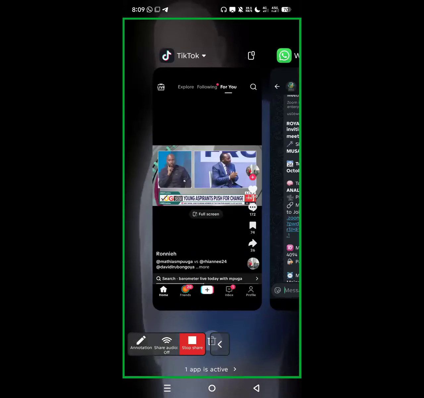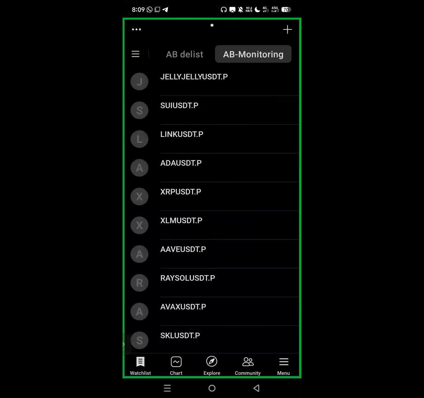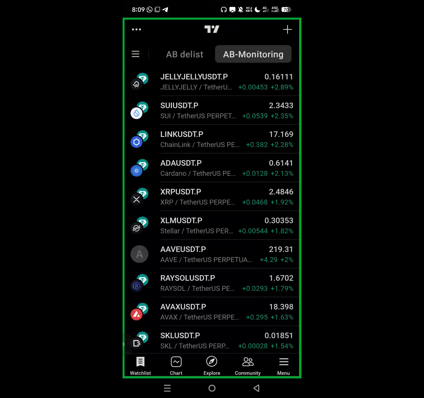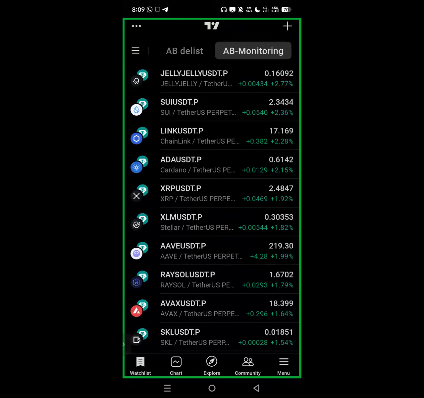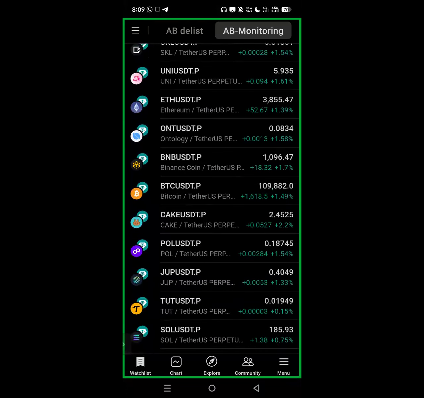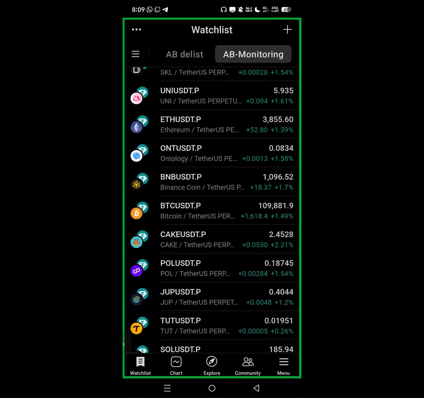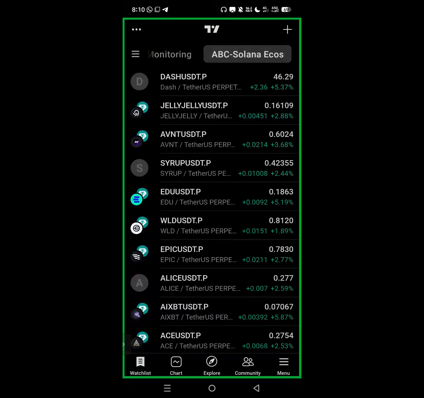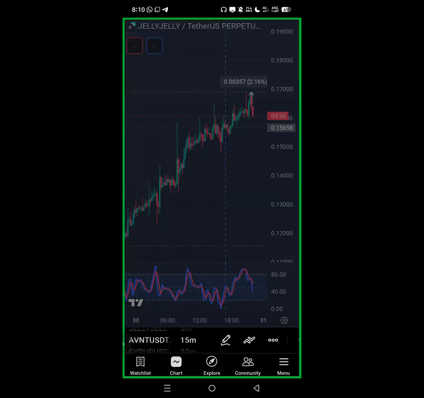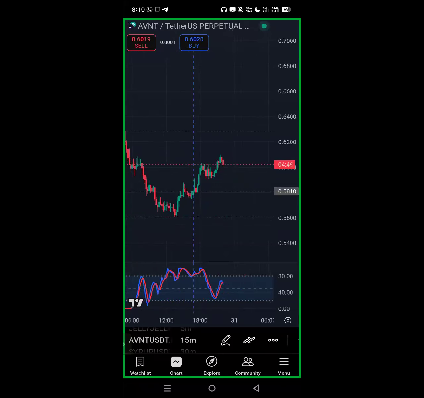I'm going to look out for, take an example of this coin. Now you see, this is the 15 minutes time frame, right?